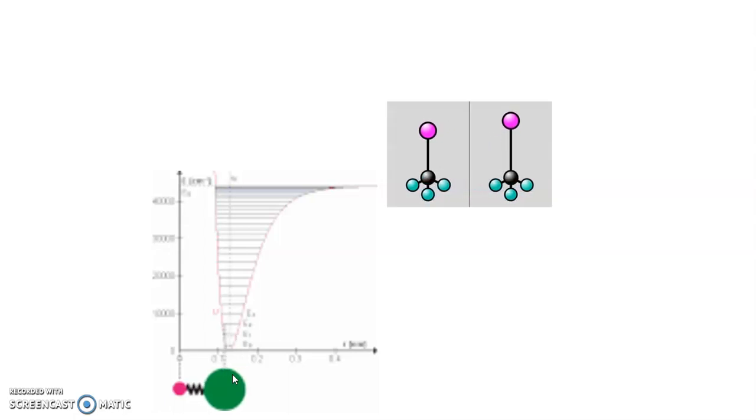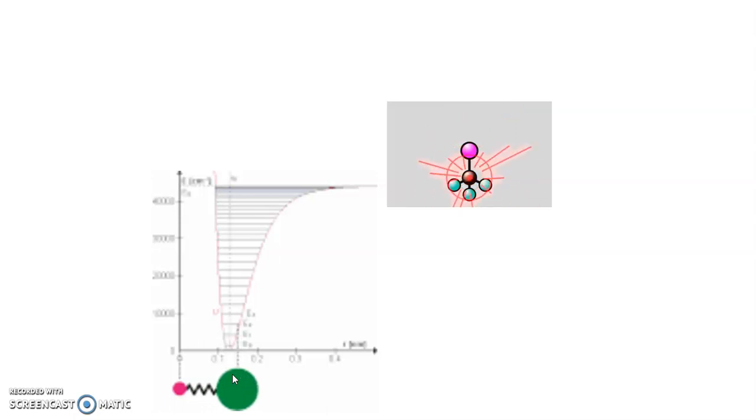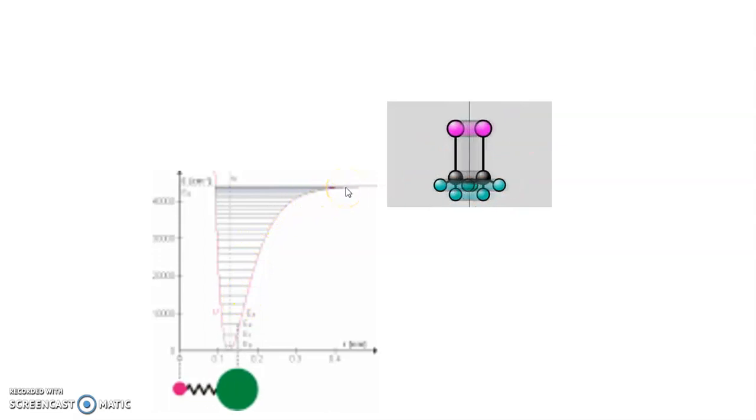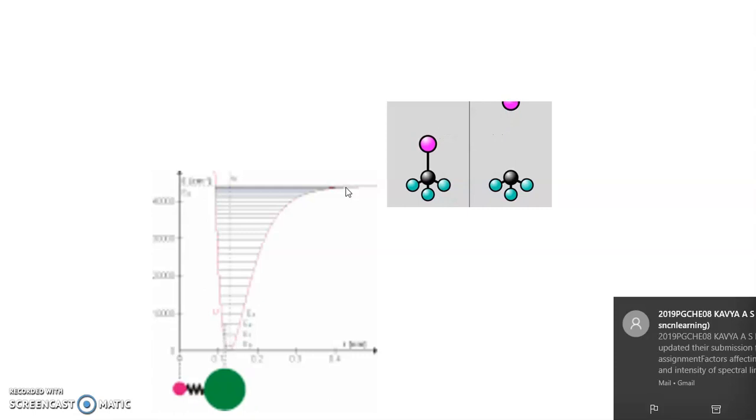If the bond between atoms is stretched, there comes a point at which it breaks and the molecule gets dissociated. That is, at lower energy levels, the bond may be taken as perfectly elastic, but at higher energies, the system becomes complicated.